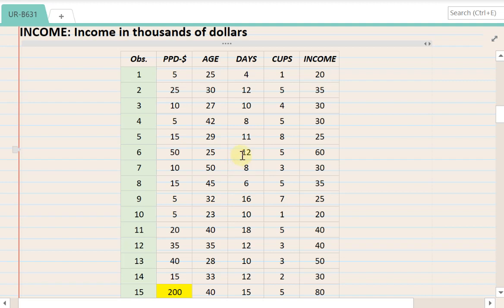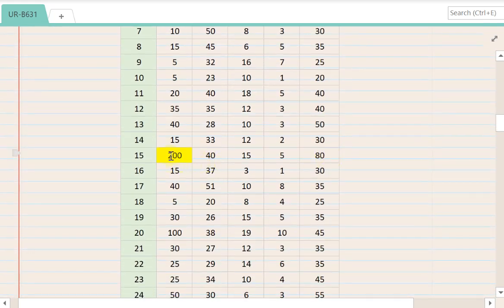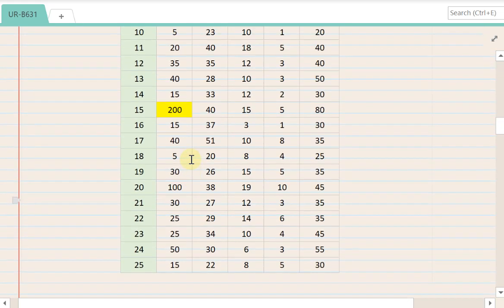This person spent 12 days in a month in Starbucks, and he or she drinks 5 cups a day. So notice higher purchase of prepaid cards. And this person's income is $60,000. So on and so forth. I've highlighted one particular person. There's only one person in the sample of size 25 that purchased the prepaid card of $200.